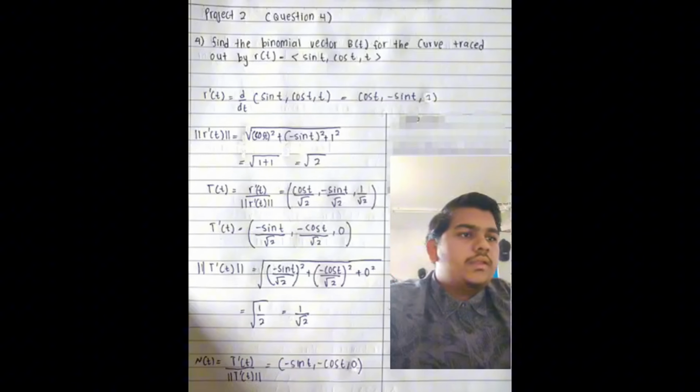Then the unit normal vector N(t) equals T'(t) over |T'(t)|, which equals (-sin t, -cos t, 0).